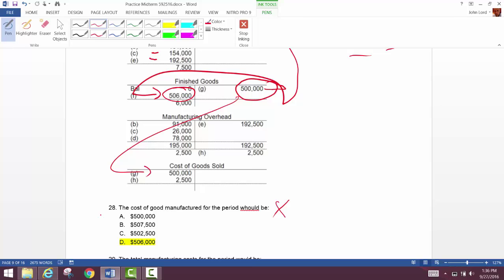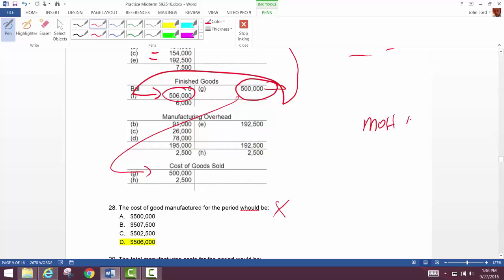What's the journal entry when I apply manufacturing overhead? Good.